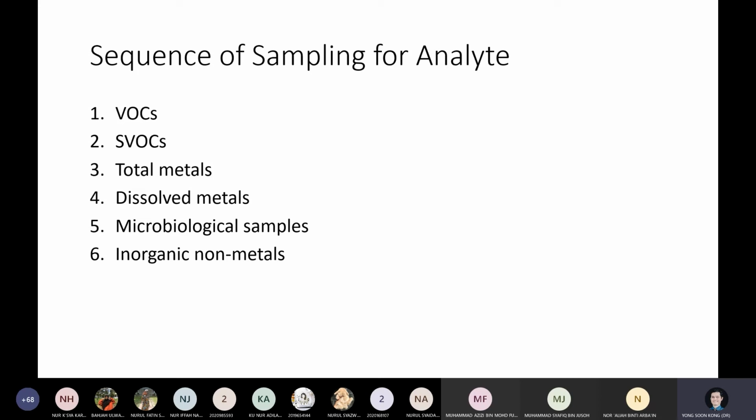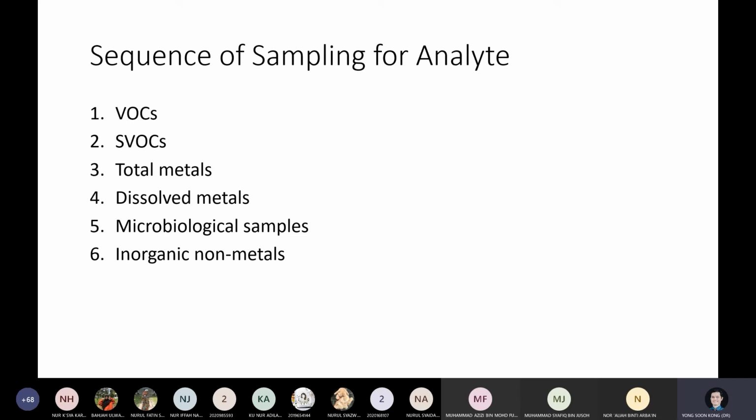So the challenge of handling these contaminants is that they escape very quickly, and if they escape very quickly, they might disappear. They have a tendency of not staying too long, and we have a different strategy on how to handle this compound.